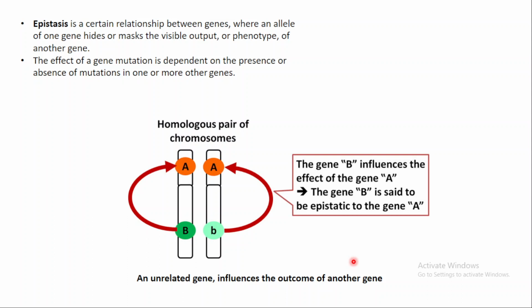That's why C over B is not epistatic while all other relations are epistatic. Even A over C will be epistatic because A can indirectly affect the visible output or phenotype of C.